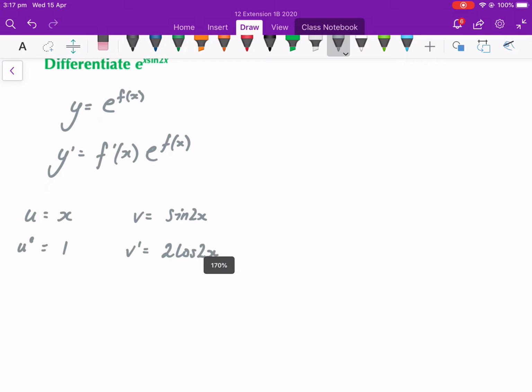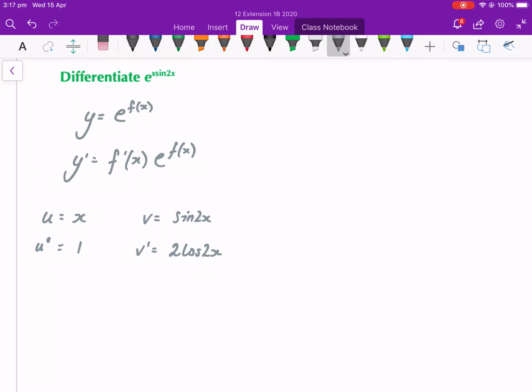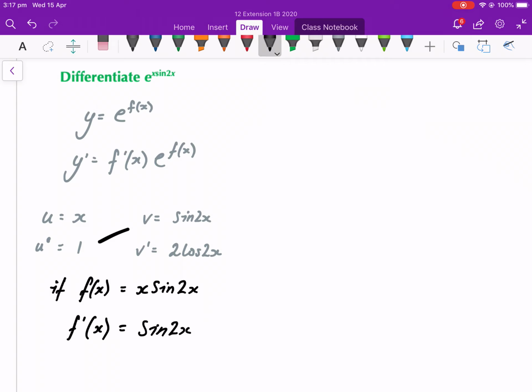And so if f of x equals x sine 2x, then f dash of x is equal to the product rule of that. So u dash times v, so 1 times sine 2x, which is just sine 2x, plus u v dash, which would be 2x cos 2x.